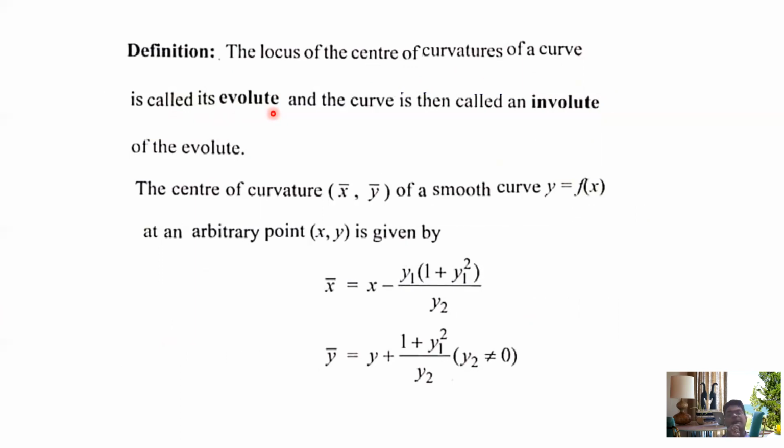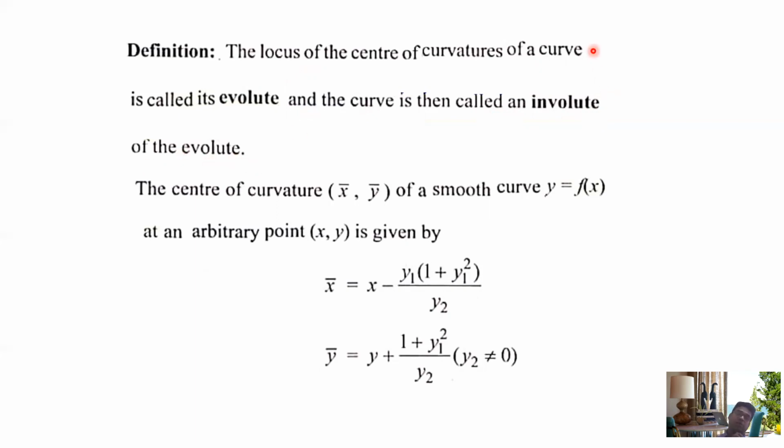The locus of the center of curvatures of a curve is called the evolute, and the curve is called the involute of the evolute.